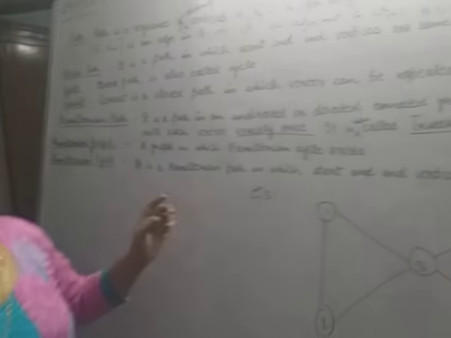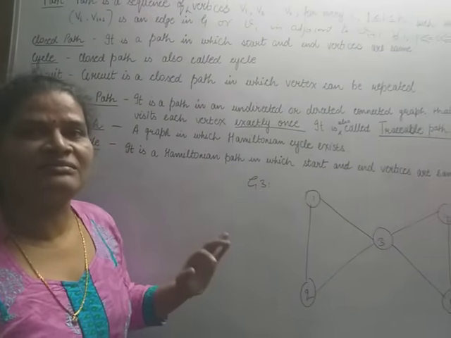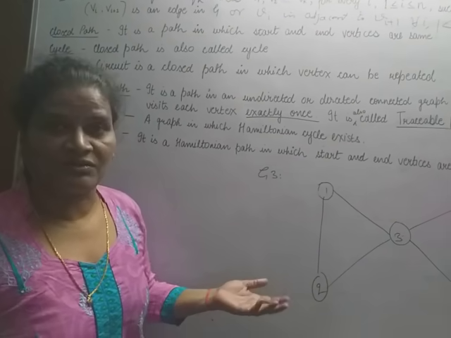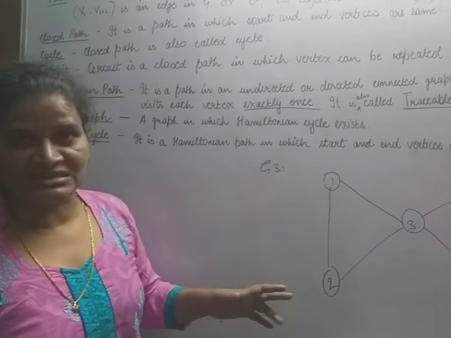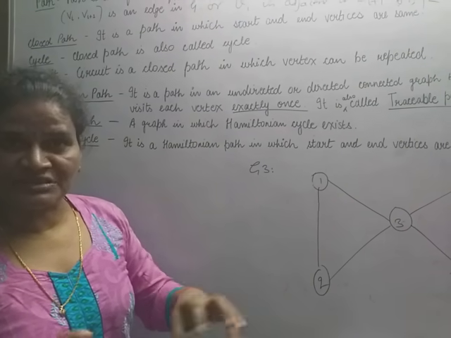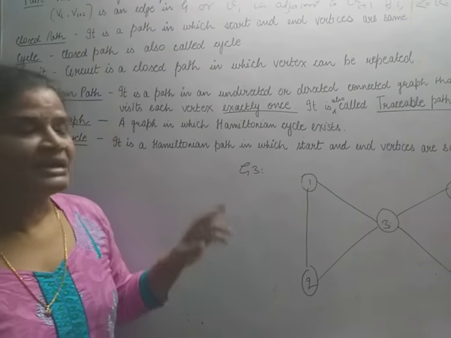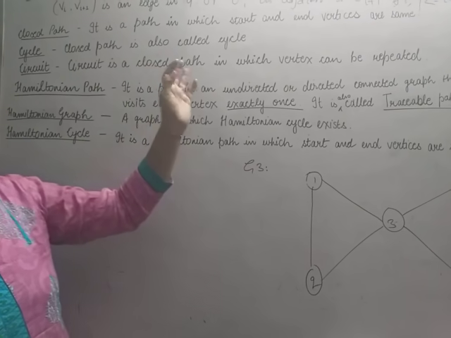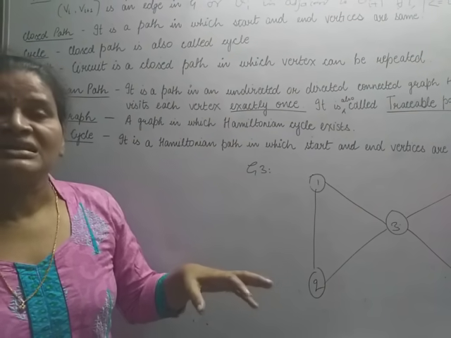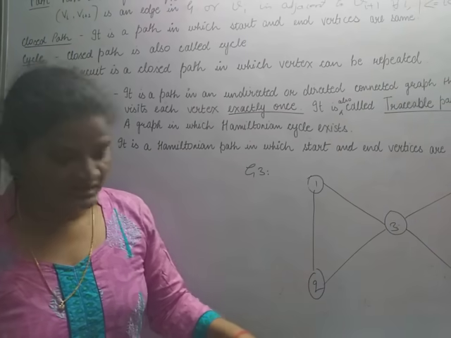There is one more term, that is circuit. A circuit is nothing but the closed trail that I discussed in the last lecture. What is the difference between the circuit and cycle? A circuit is a closed path, or you can say a cycle, in which vertices can be repeated.